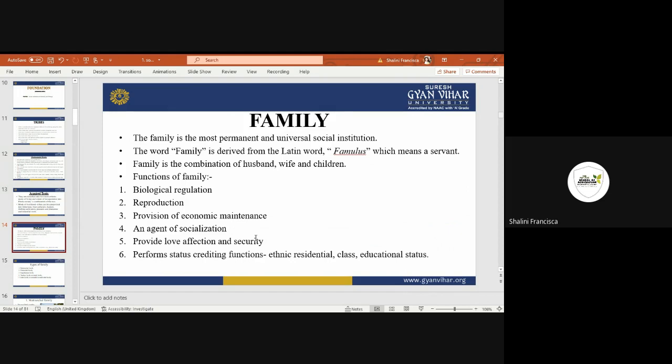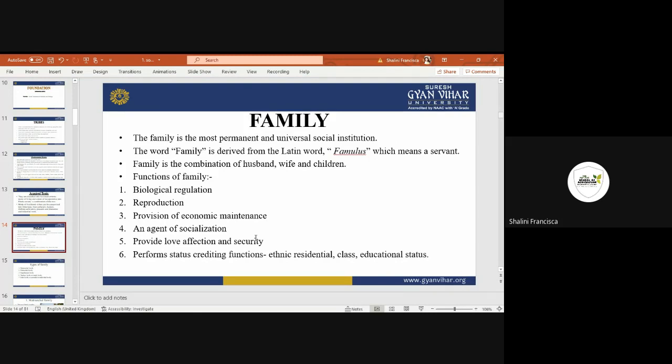Functions of family. Why do we need a family, and what are its functions? The first one is biological regulation. Actually, this has been interpreted in a wrong way. People say it's just to get married and produce children. It's not like that.